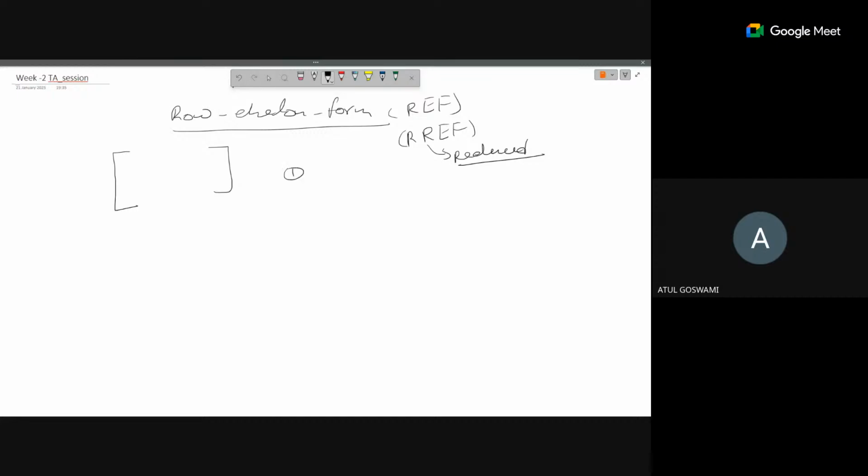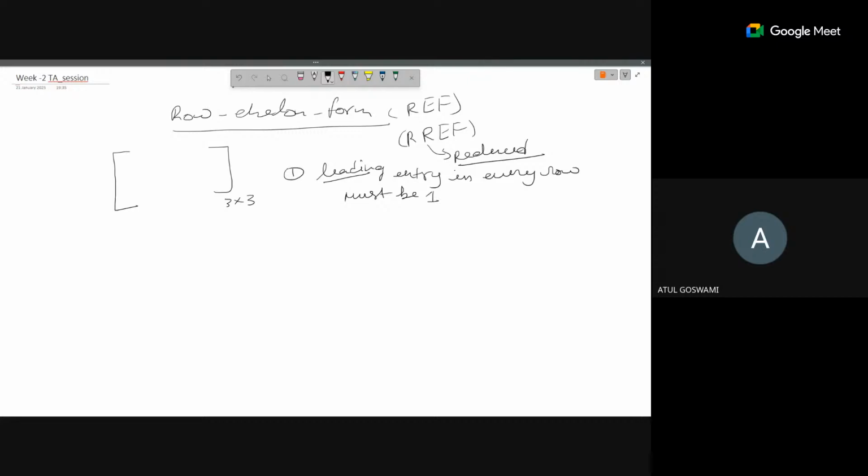So the first condition is the leading entry in every row must be one. Okay. So what is a leading entry? The leading entry is the first non-zero entry from the left in every row. Suppose this is a three by three matrix.